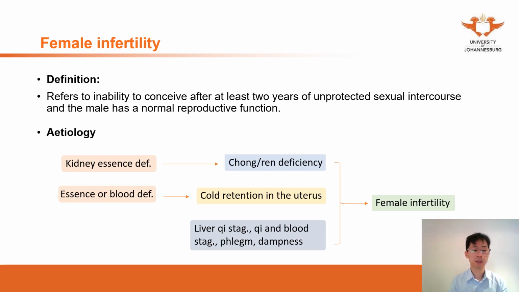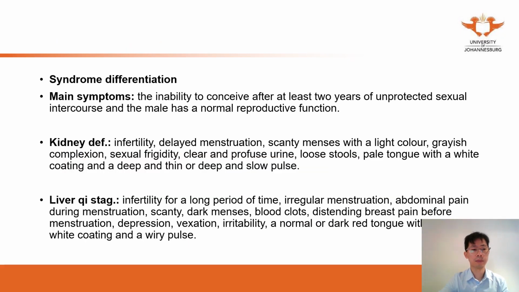For kidney yang deficiency, the symptoms can also include a pale color. In your treatment, you must further identify whether it is kidney yang deficiency, kidney yin deficiency, or kidney qi deficiency. If a patient presents with kidney yin deficiency, we have a red tongue with scanty coating and a thin pulse.